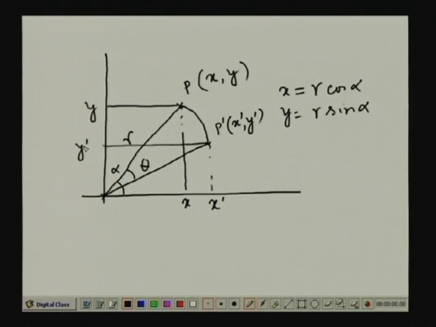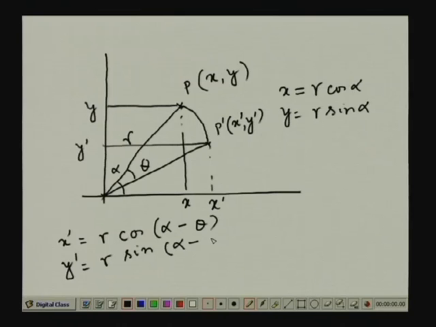Here you find that I can write x prime as r cosine alpha minus theta, and y prime as r sine alpha minus theta.